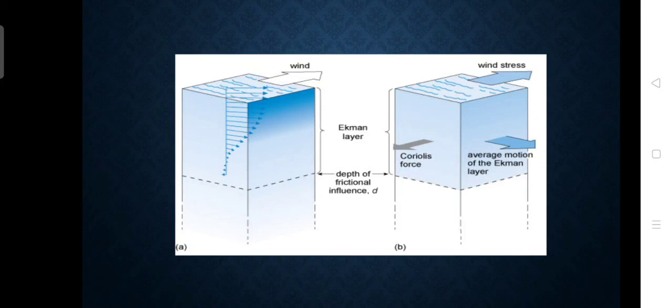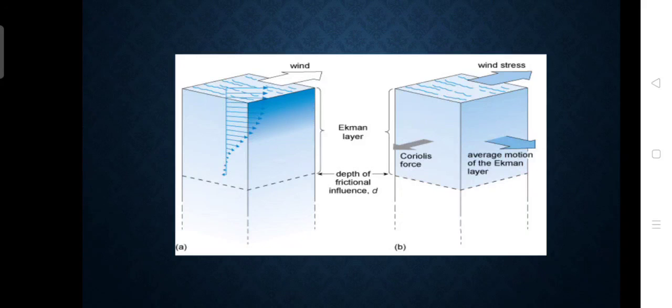Ang theory niya kasi about dito is yung direction daw ng surface current will be approximately 45 degrees to the right of the wind direction kapag nasa northern hemisphere and additional 45 degrees to the left of the wind direction kapag nasa southern hemisphere naman.